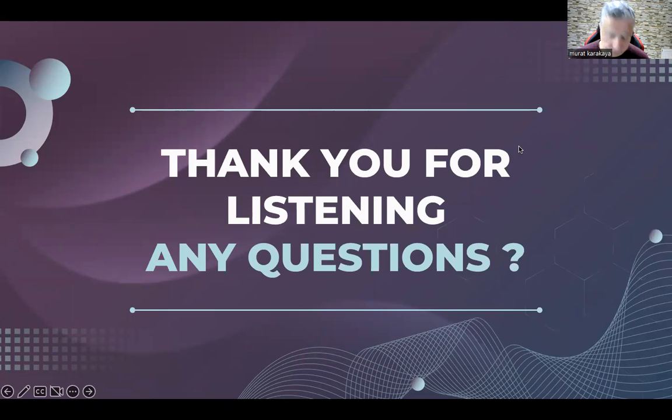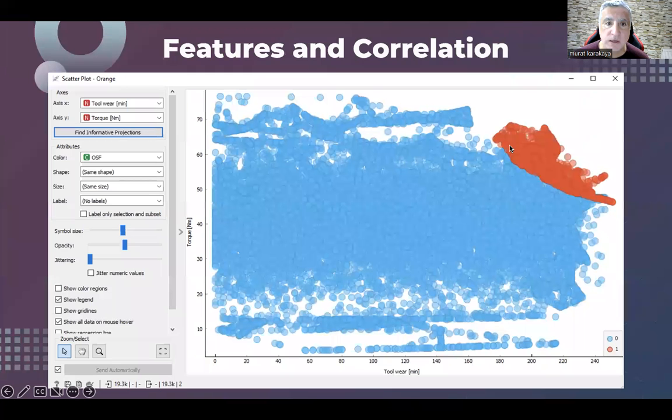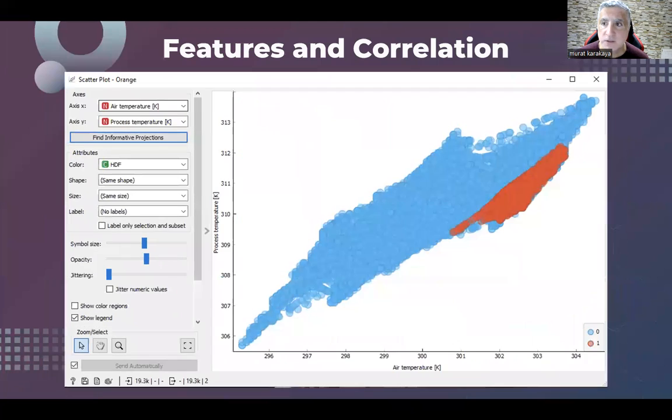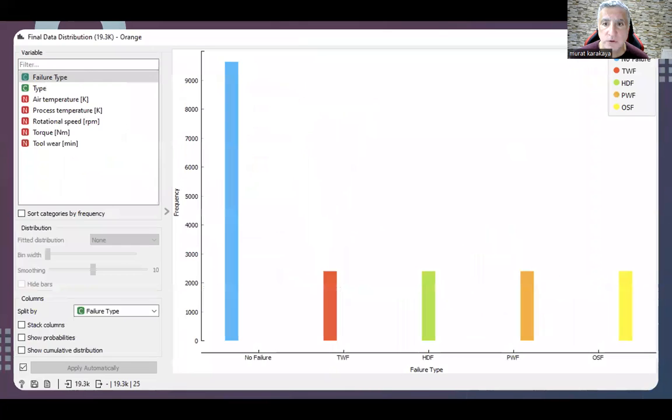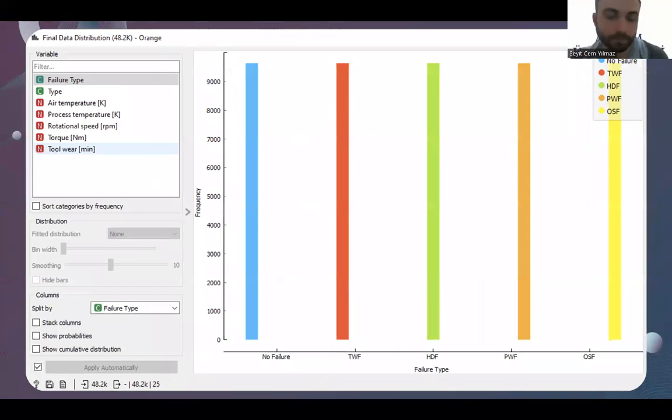to 2 slides before about oversampling. Seyit, I have a question for you. Yes, here. Before the oversampling, for the TWF, HDF, PWF, and OSF kinds of failures, how many samples do they have in the original data set?